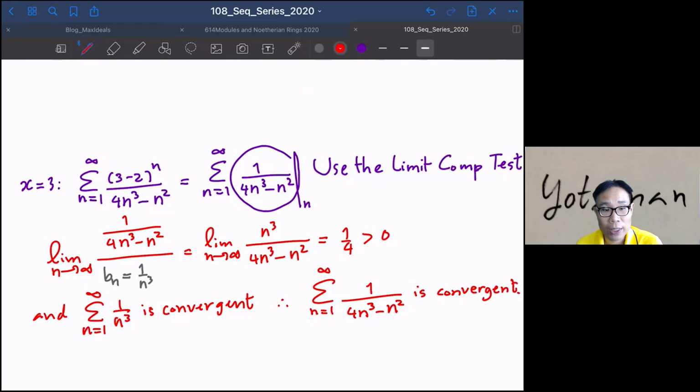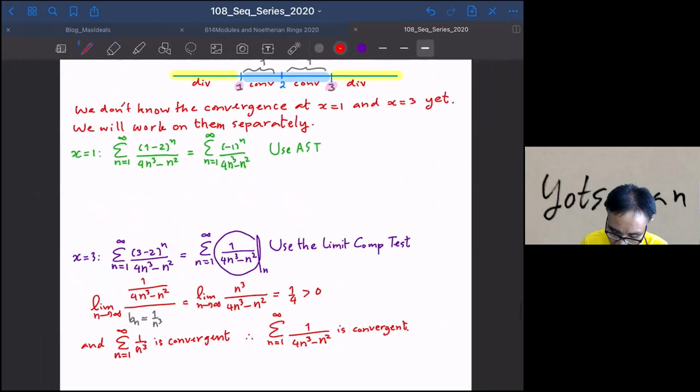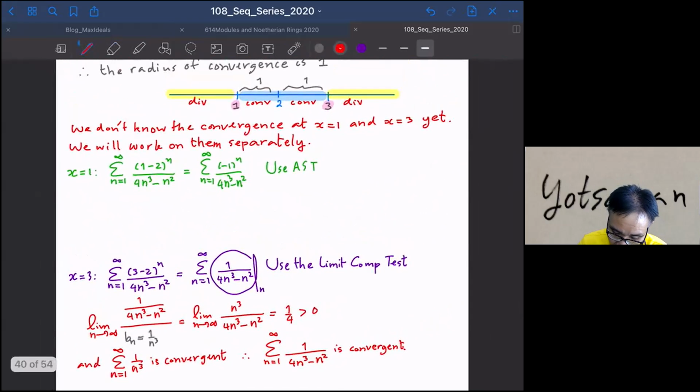Okay, so this one is for x equal to 3. So we're going to conclude this one up here: this is convergent. So at this point you have convergence.